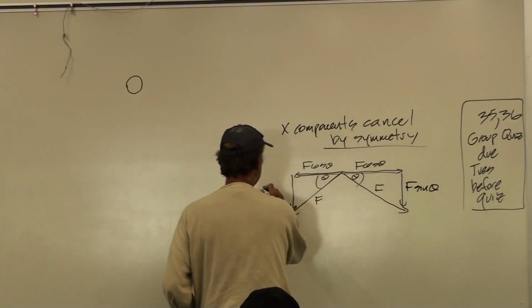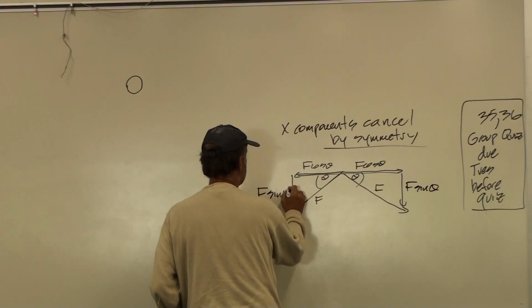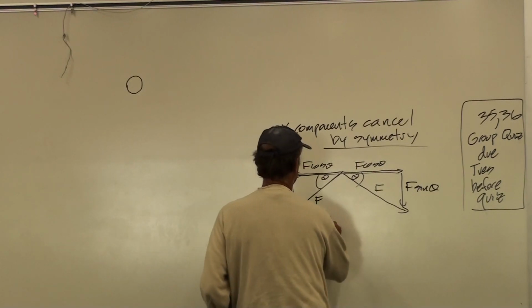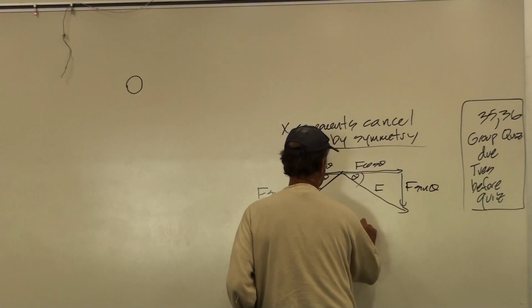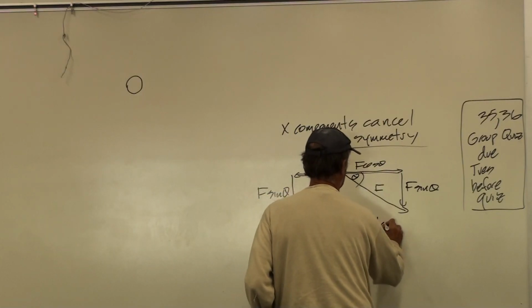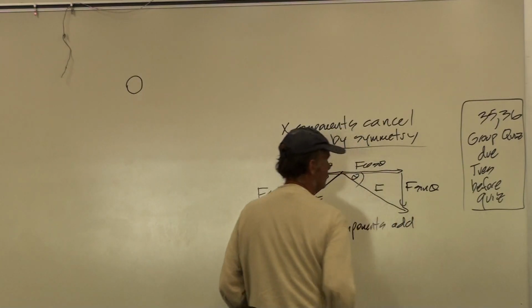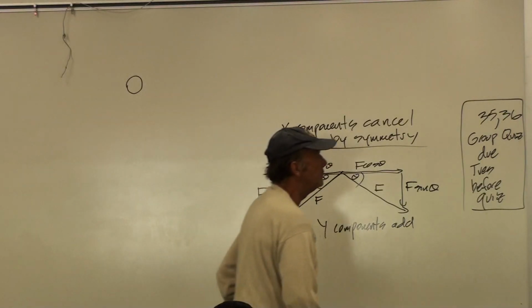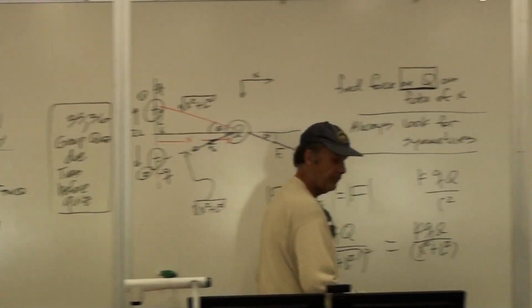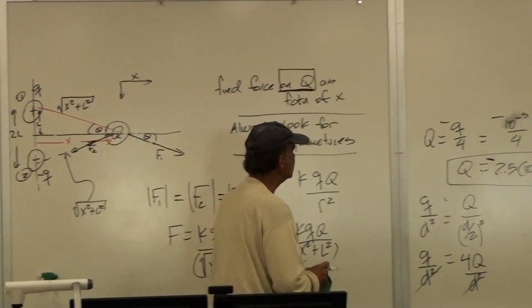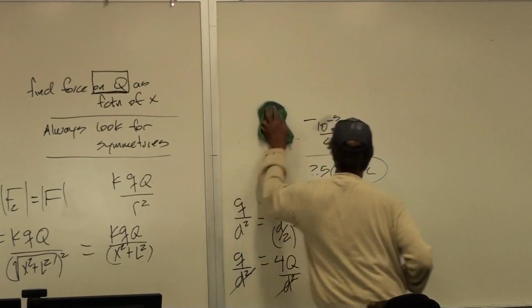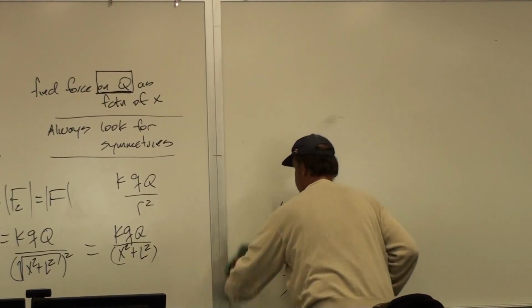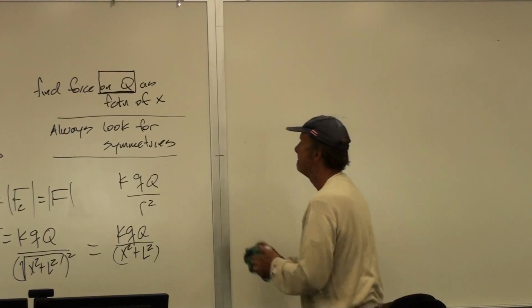And so the F sine theta components add. Okay, and so the sum then of these two forces, because the x forces are gone, is just going to be the two y components.